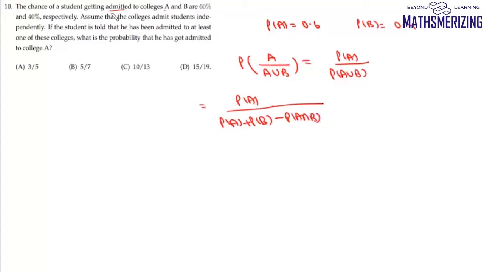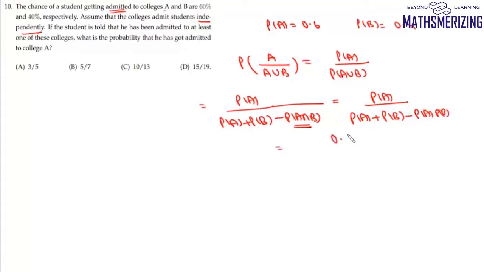Now getting admitted in any college, it is an independent event. So it says the colleges admit students independently. So we know that P(A intersection B) will be P(A) into P(B). So we'll write this as probability of A upon probability of A plus probability of B minus probability of A into probability of B. Now what's probability of A?